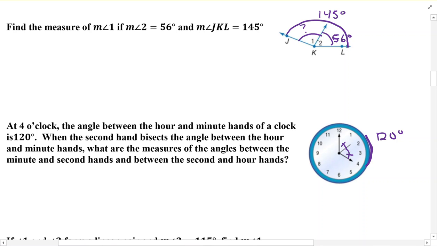We want to find the measure of angle 1, which we don't know. Well, we know that angle 1 and angle 2 would add up to be angle JKL, so they would add up to be 145 degrees. So to solve this, we take 145, subtract 56, and we would have 89. So the measure of angle 1 equals 89 degrees.